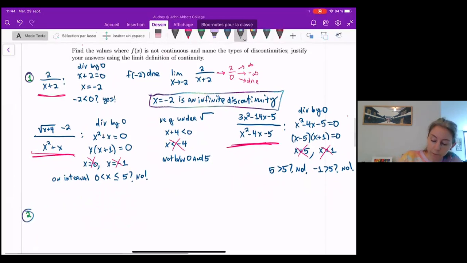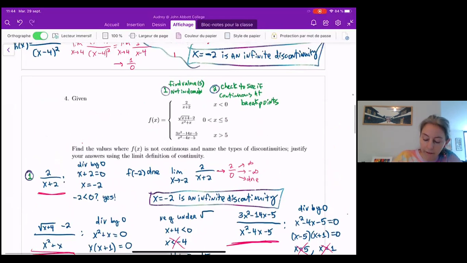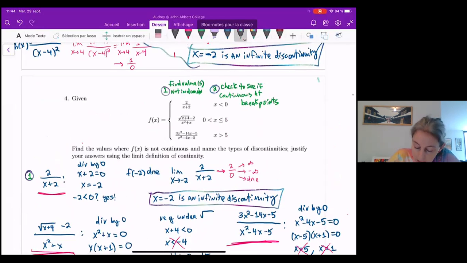So I'm going to start with the limit as x approaches 0 from the left of my function. My function at 0 from the left is the first one, because those are values that are less than 0. 0 from the right will be my second one. 5 from the left and 5 from the right. 5 from the right have values that are greater than 5.